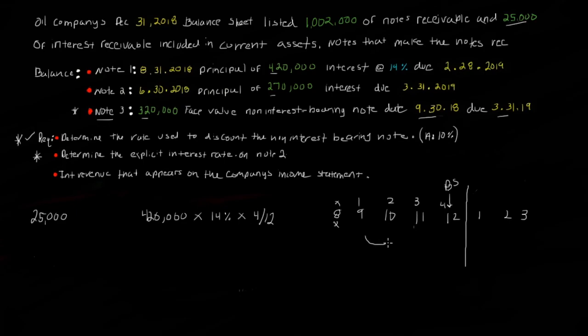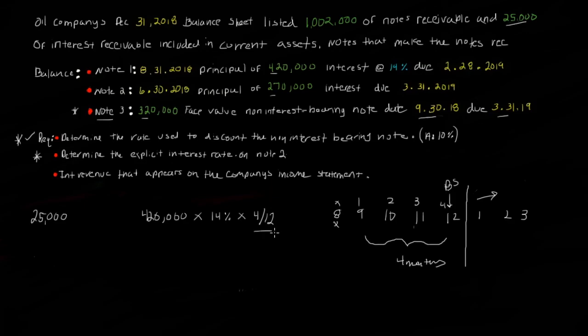And that is a total of 4 months. We're not going to worry about this over here for right now because we do not need to figure out the interest past the balance sheet date. So this is where I got the 4 out of 12.